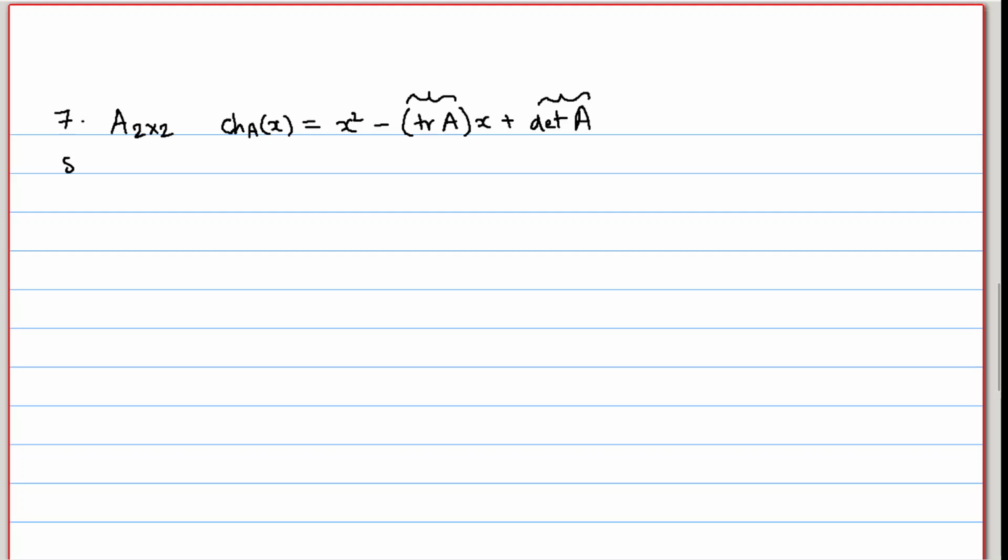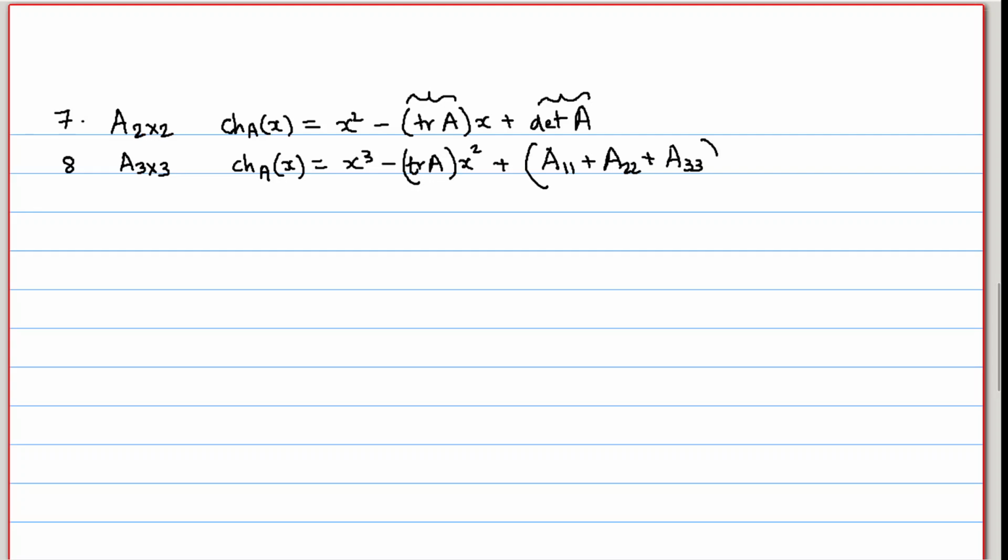So what happens if A is 3 by 3? Then you'll have x cubed, that is for sure. The sum of the roots will always be in the second term, so you'll have minus trace of A times x squared, plus, now look closely, capital A11 plus capital A22 plus capital A33 times x.